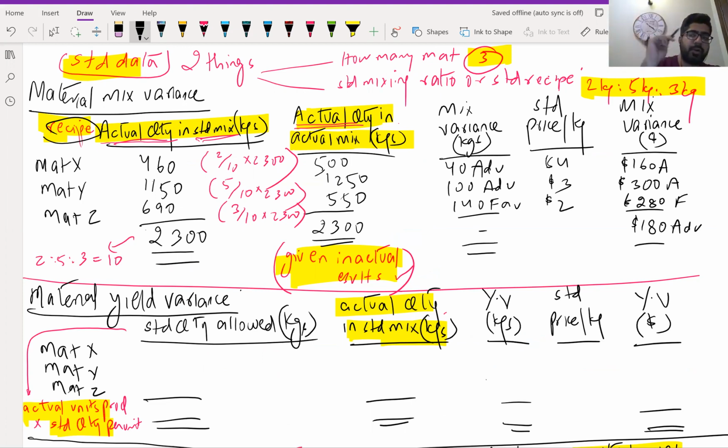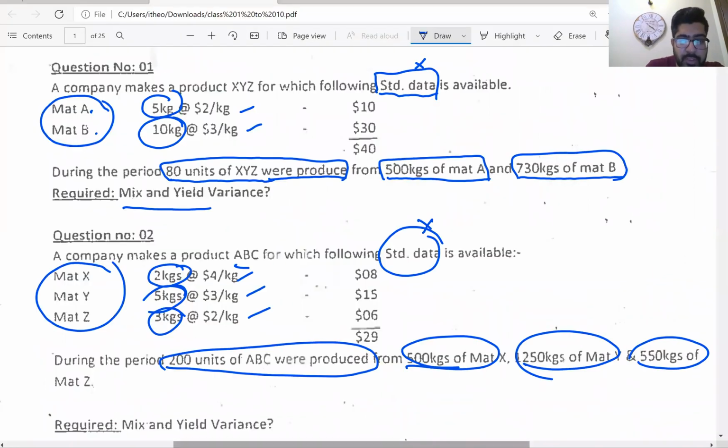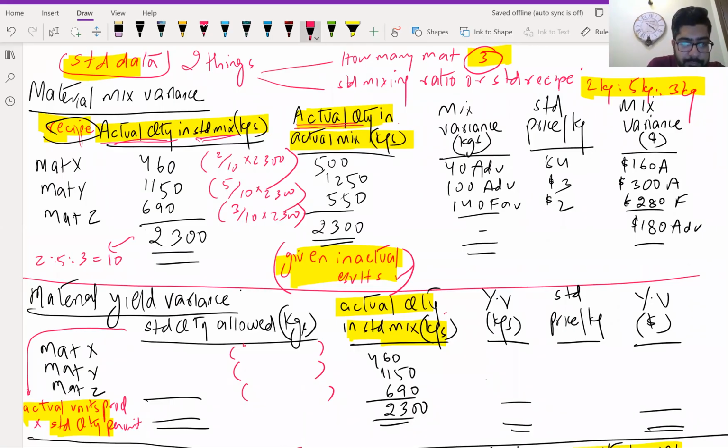For yield variance, copy the second column, actual quantity in standard mix, from above: 460, 1150, 690, 2300. Next, standard quantity allowed. The formula is actual units produced, which you can see is 200, multiplied by the standard quantity per unit.